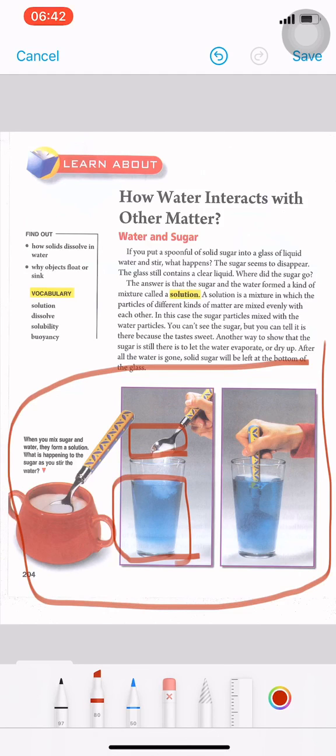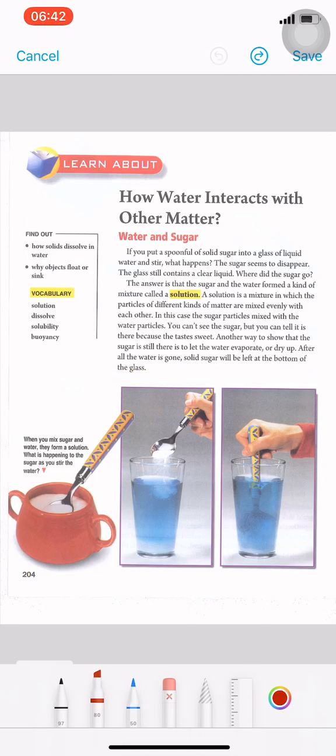What's a solution? A solution is a mixture in which the particles of different kinds of matter are mixed evenly with each other.